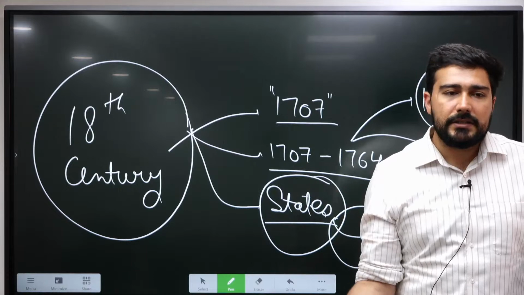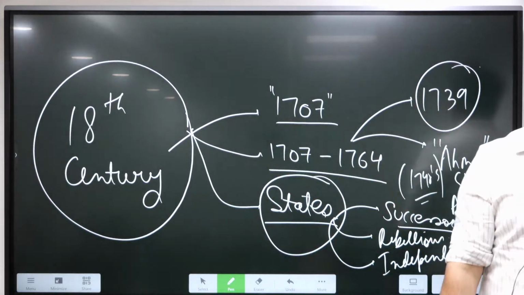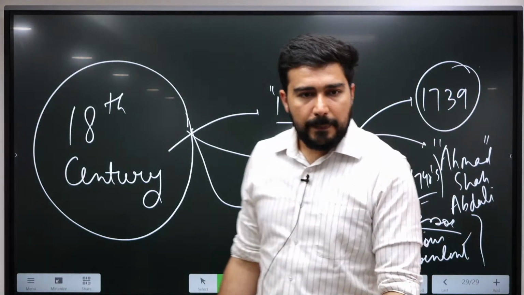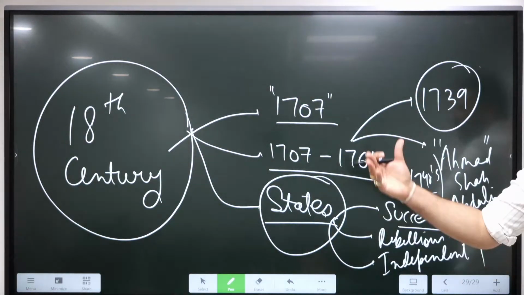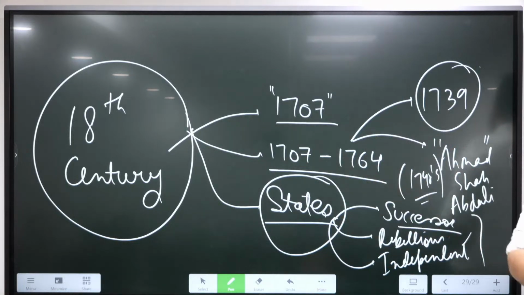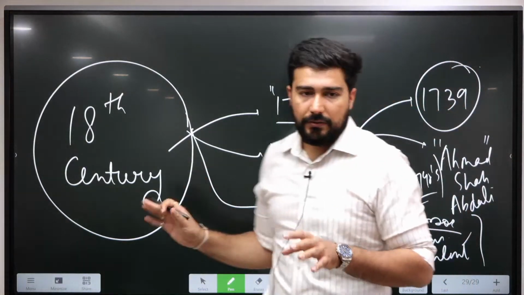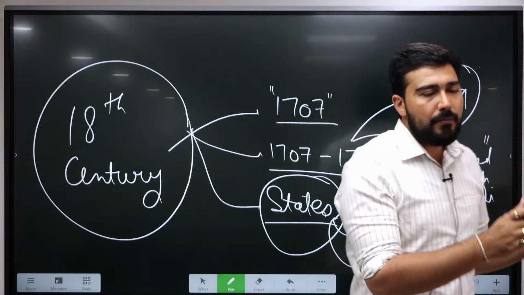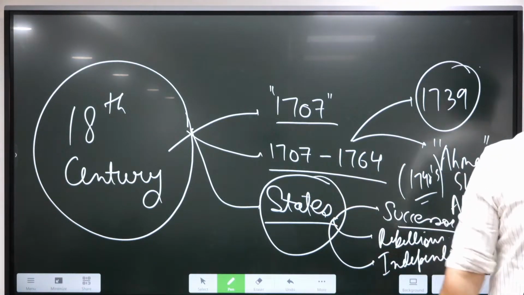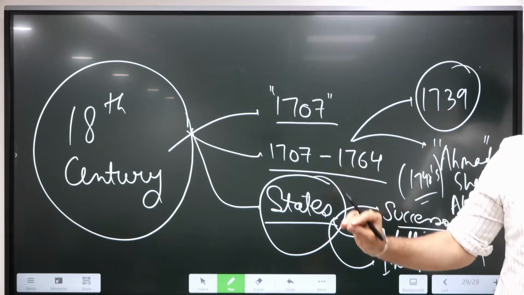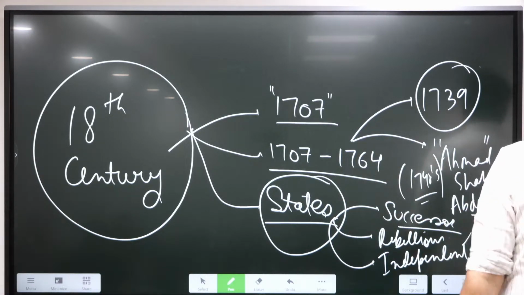By early 16th century, again we see the establishment of the Mughal Empire, and this Mughal Empire continued till the beginning of the 18th century. Again in the 18th century we see the split of power into a large number of states. So we should remember this transition, because once we remember the transition we have to only focus on the major issues. This is what we have to study in medieval India.